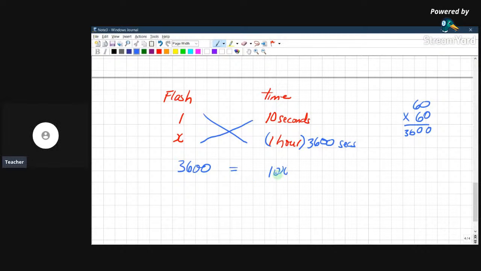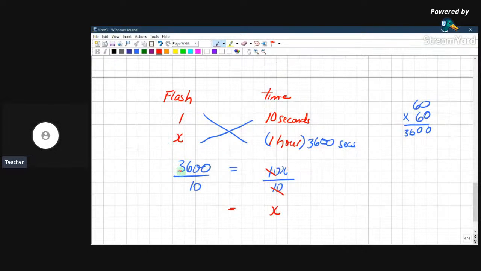Now x is being multiplied by 10. The opposite of that is to divide this side by 10. If I divide this side by 10, I will also have to divide this side by 10. Now 10 will cancel 10 here, leaving me with x by itself. That's what I wanted.